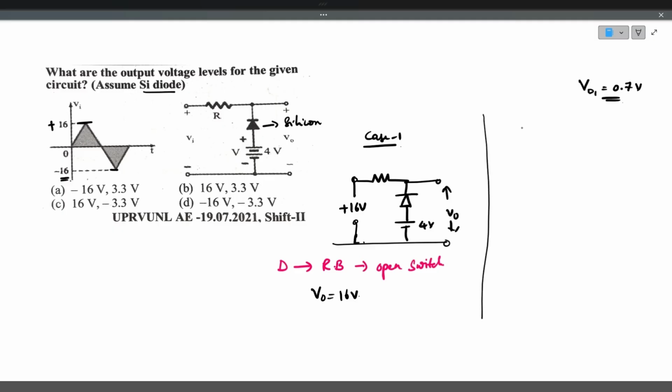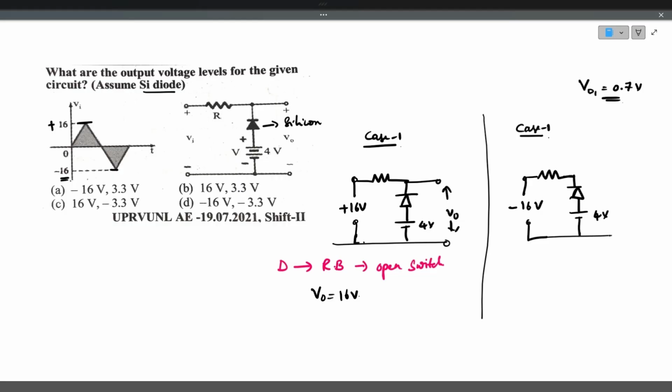Whereas in case 2, we have to consider the negative half cycle of the input voltage. In the negative half cycle, the maximum negative voltage is minus 16 volt. Here also we have the resistance, diode, and the reference voltage of 4 volt.